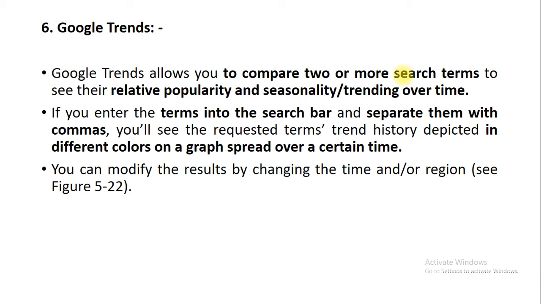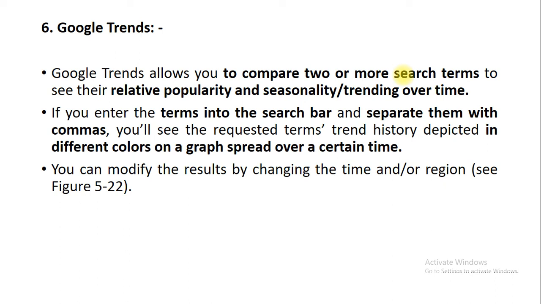So when there is a relative popularity, or seasonality, or trending over time, you can compare the results of those two terms using Google Trends. It is in the form of a line chart, in which you can compare in which year, month or day the popularity graph of that celebrity is up or down.